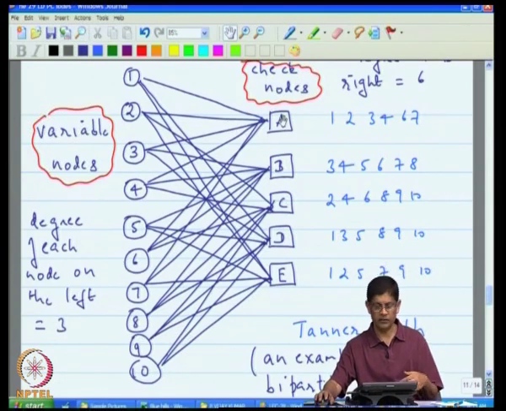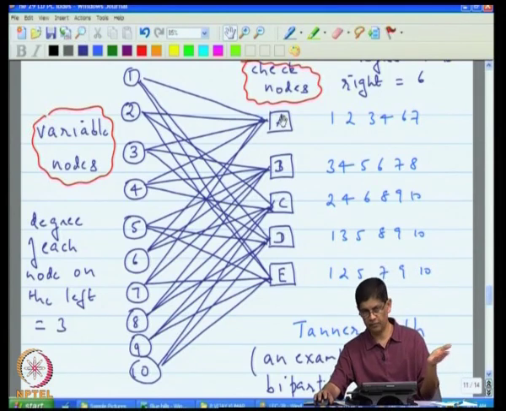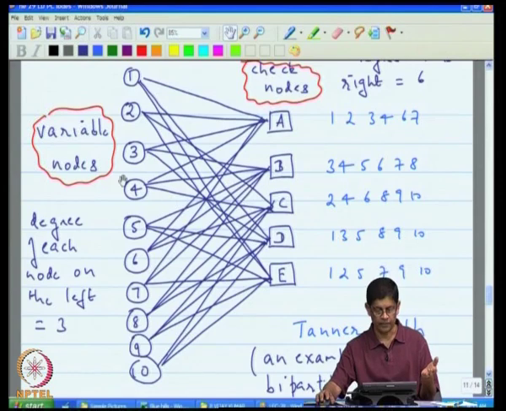Typically the number of iterations is some fixed number like 20, maybe 50, depending on what level of accuracy you require. Every time you pass messages you do some operation at each of the nodes. So the total number of operations is proportional to the number of nodes, proportional to the degree of a node, and proportional to the number of iterations.